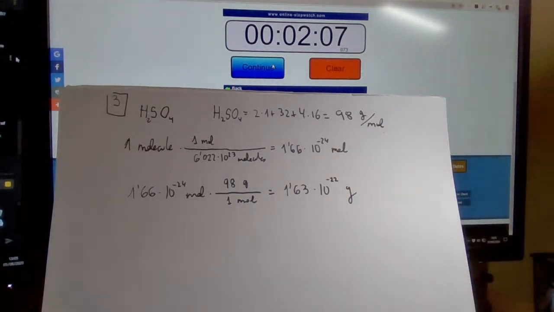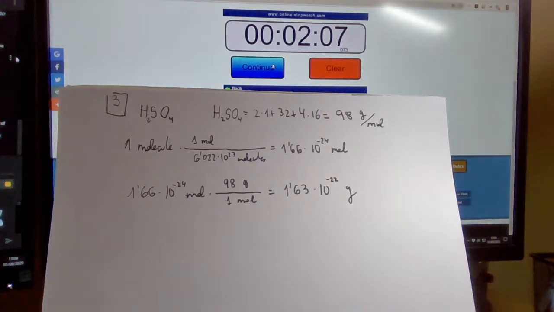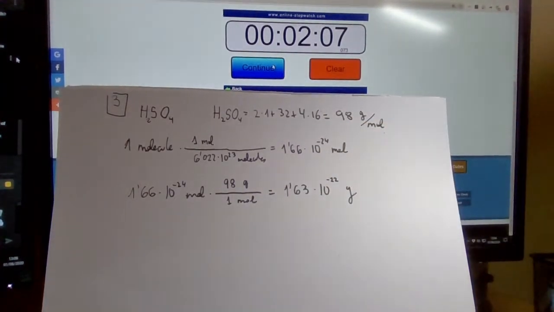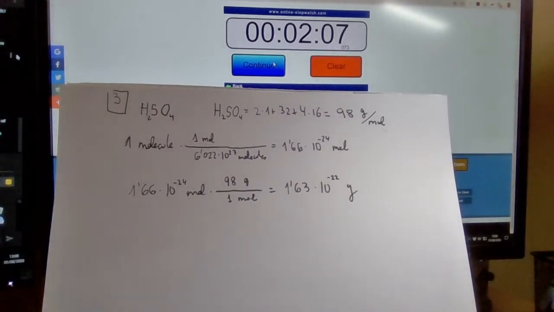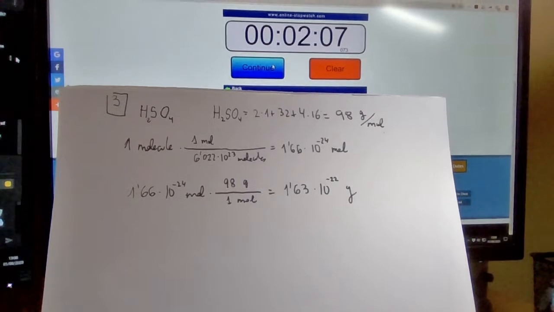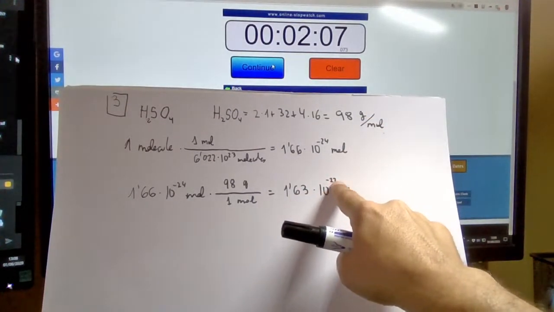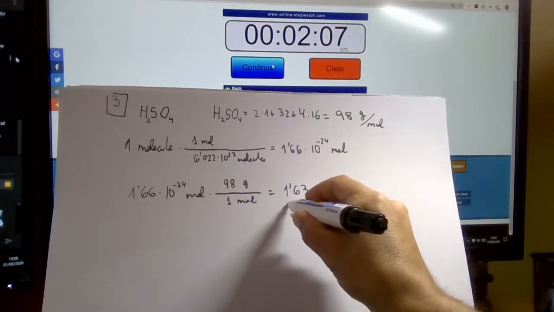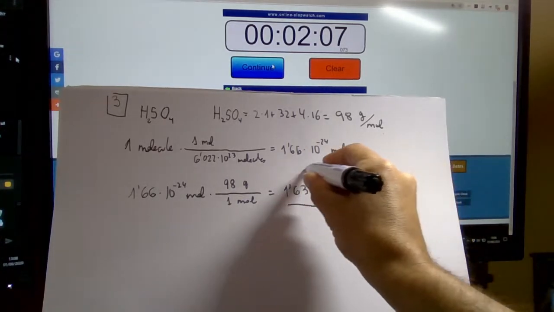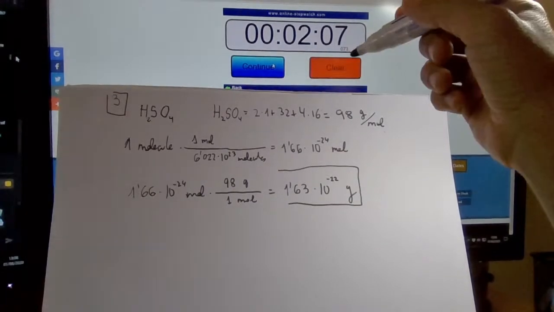Maybe I had a mistake. Let me check. 1 divided by 6.022 times 10 to the 23. Be careful. Ruben, I think you got a mistake. 1.63 times 10 to the minus 22 grams. It's okay, I think it's okay.